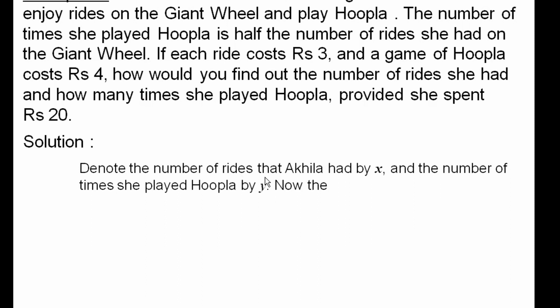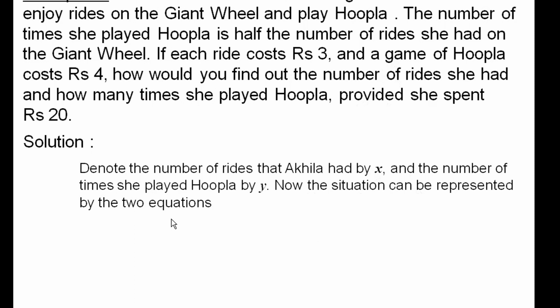The question says the number of times she played hoopla is half the number of rides. So now the situation can be represented by 2 equations from these 2 conditions.